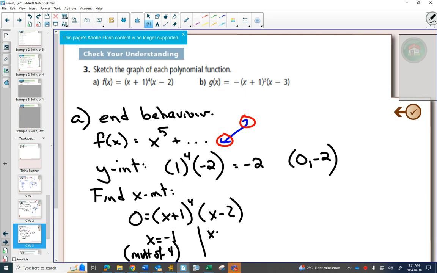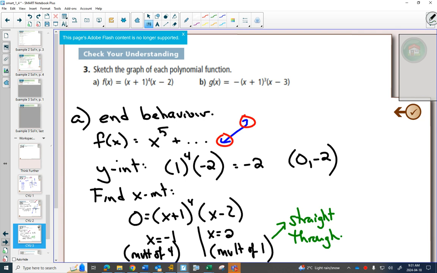And x equals 2, and in brackets, that's a multiplicity of 1. Anytime you have a multiplicity of 1, the graph only bends and flattens out when the multiplicity is bigger than 1. When it's 1, just like before, your graph is just going to go straight through that x-intercept.